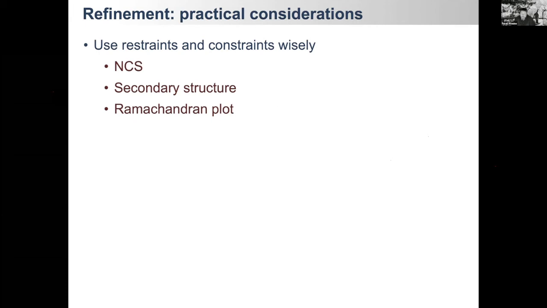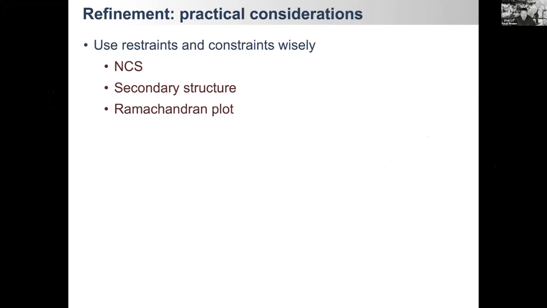Now, you can use NCS as constraints or restraints. So you definitely use NCS restraints for anything that is lower than 2 angstrom. But what if you have 4 or 5 angstrom resolution data? That kind of resolution data would not allow you to tell differences between copies that are NCS related.